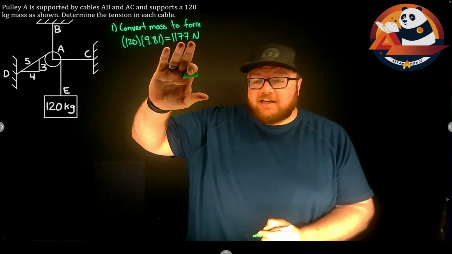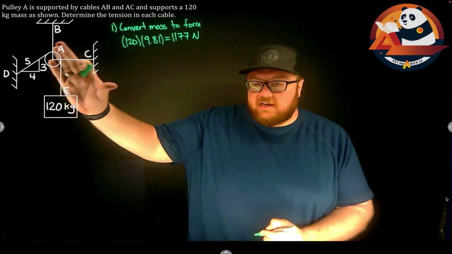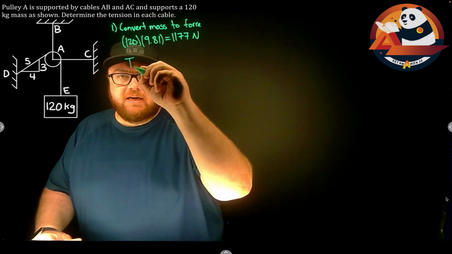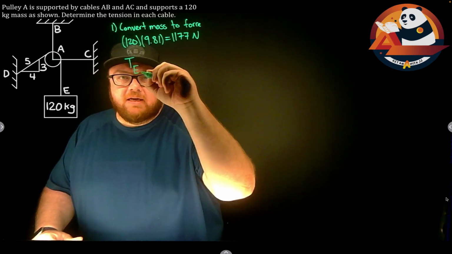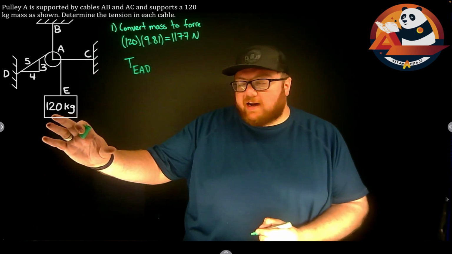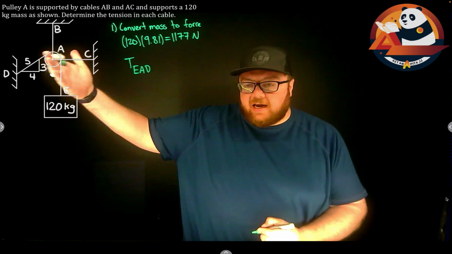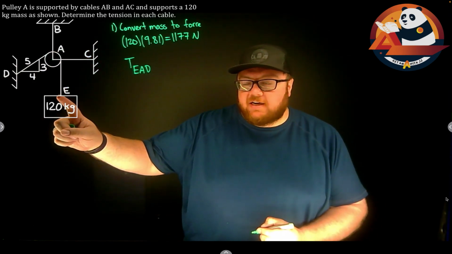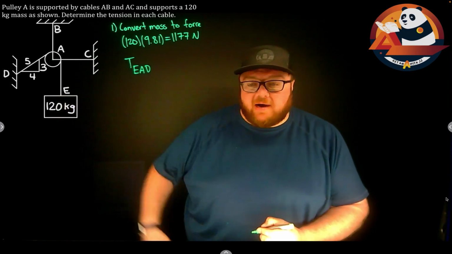From here, that actually gives us enough that I can say, what's my tension in cable EAD? Anytime that we have a weight or a box, something just hanging off of a cable, we should immediately be able to say that our tension in that cable is whatever the weight of the box is.